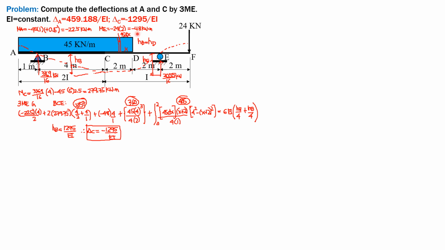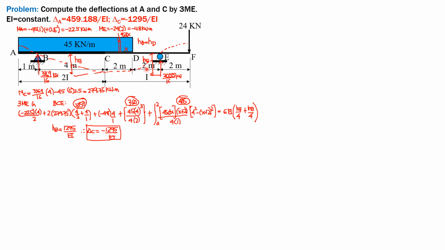So it is equal to negative 48 kilonewton meter. While the moment at C, considering we cut section C and we consider forces to the left, is 3369 over 16 times 4 minus 45, AC is 5 meters, so 45 times 5, moment arm 2.5.